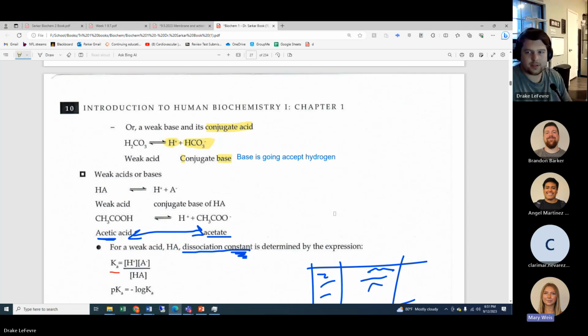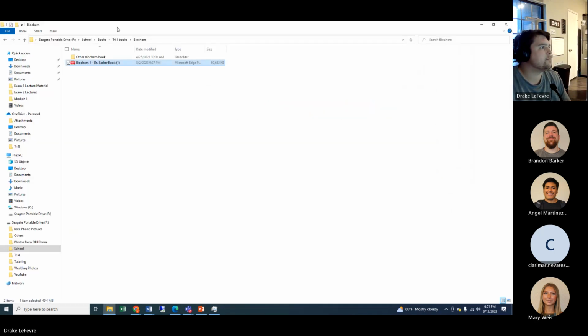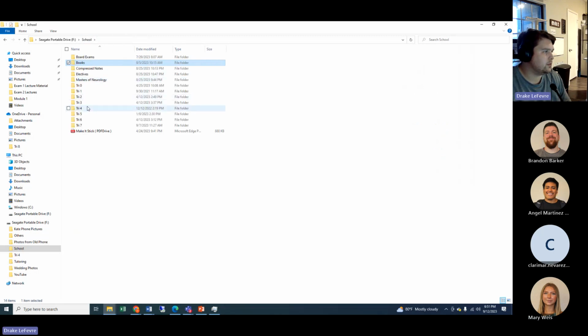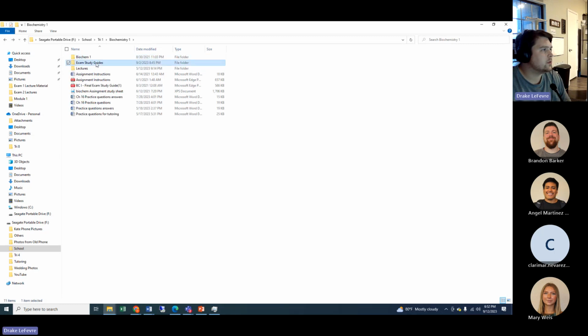Do you have good ways to remember the different functional groups, or which ones we really need to know well? Yeah, so functional groups. Biochem. I think it's, nope.